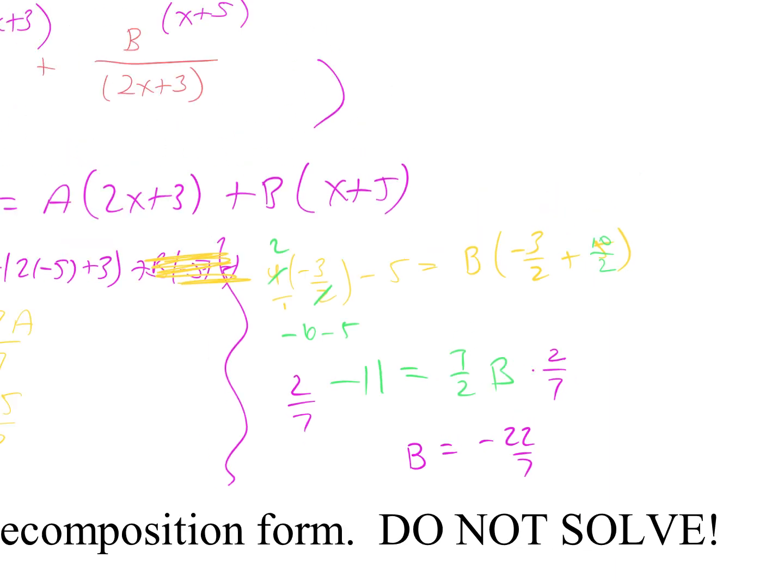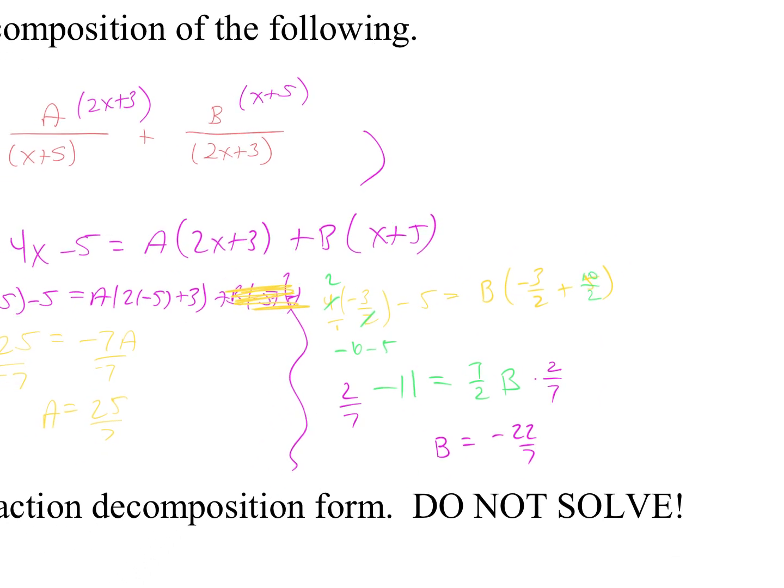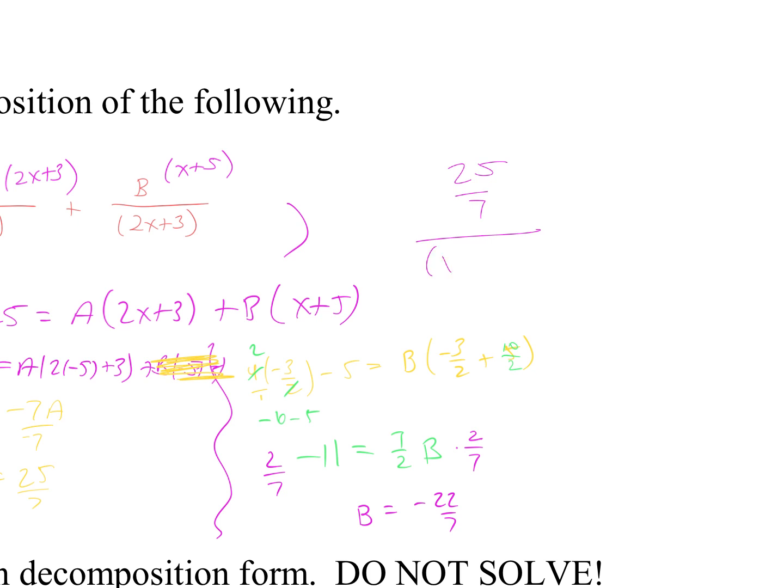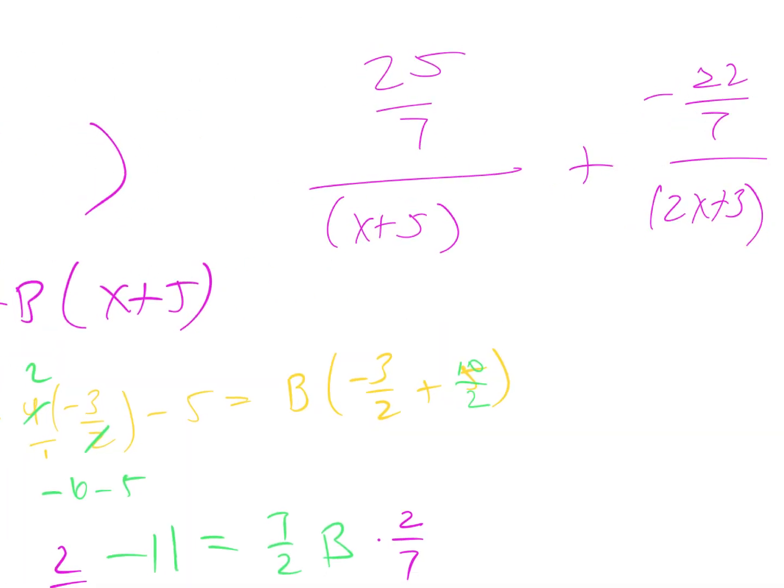Now, how do we write our answer? Well, my A term is 25 over 7. So 25 over 7 over x plus 5. And then my B was negative 22 over 7 over 2x plus 3. Is that correct? Is that 100% correct?